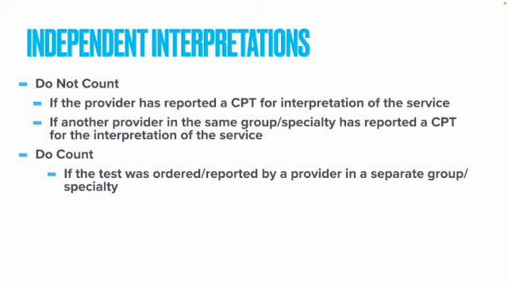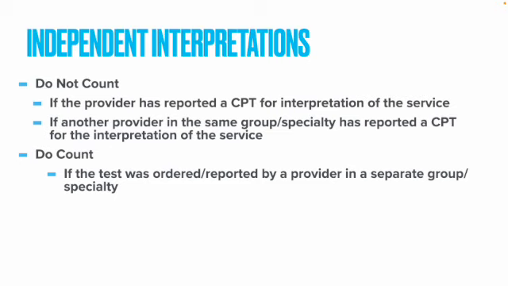However, if another provider in a different group does it, he can. So if the test was ordered or reported and billed by a provider in a separate group specialty, he can. He can't do it if one of his peers does.